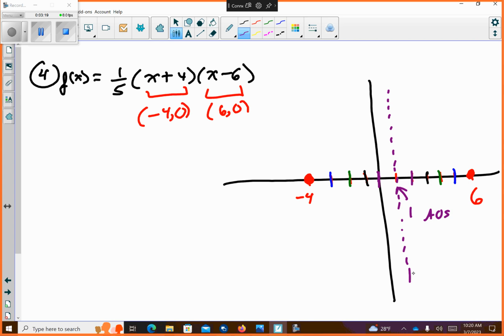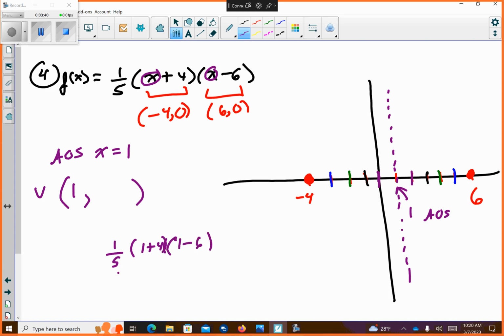Okay, so if the axis of symmetry is 1, that means to find my vertex, I'm going to need to plug 1 in for x. So I have 1/5, and then I have 1 plus 4, and then I have 1 minus 6.